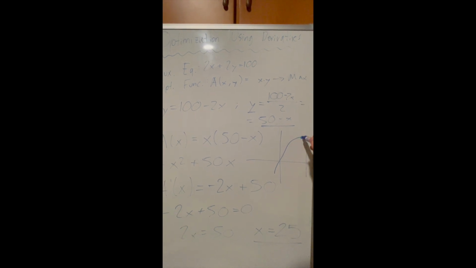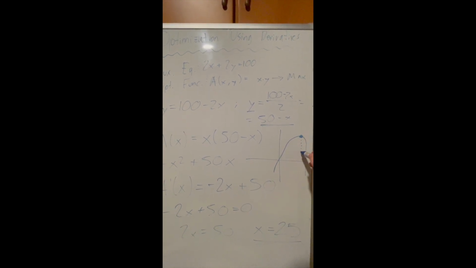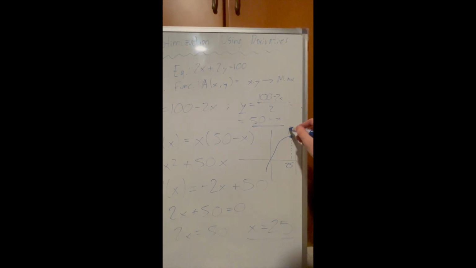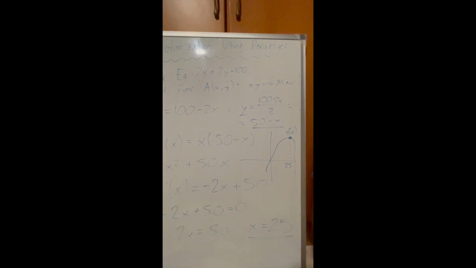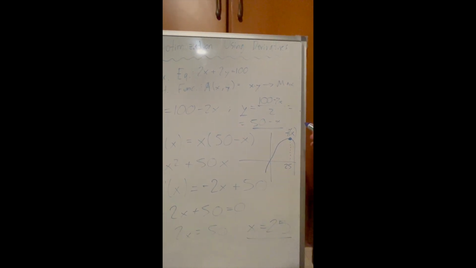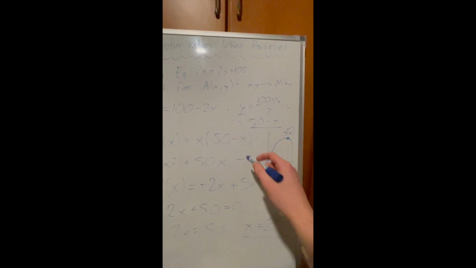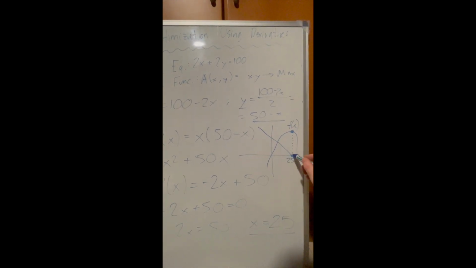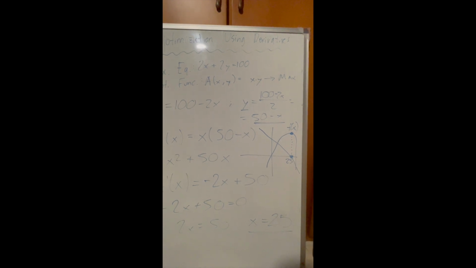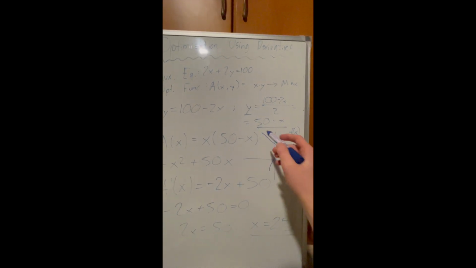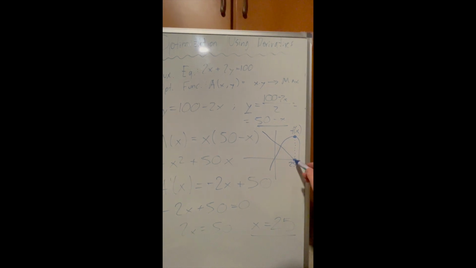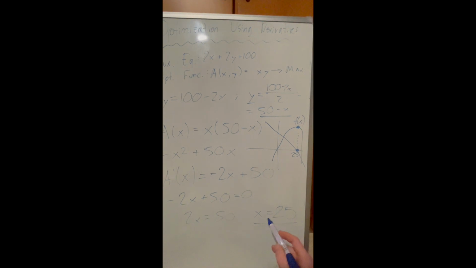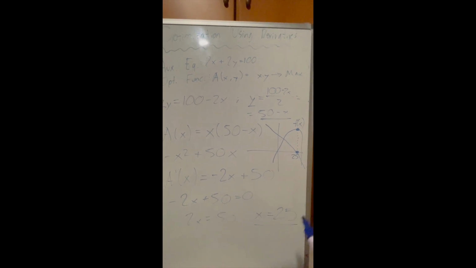And when this is equal to 25, we have a local maximum in our function. As we equal it to 0, this means that the derivative, your function will do whatever, but it will cross the x-axis at x equal to 25. When your derivative is equal to 0, you will have a local maximum in your original function. And that is why we know that x equal to 25 is the maximum.